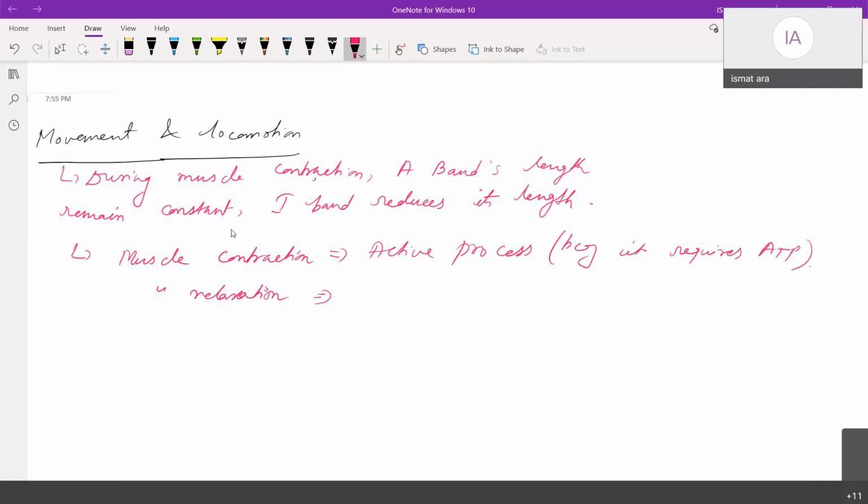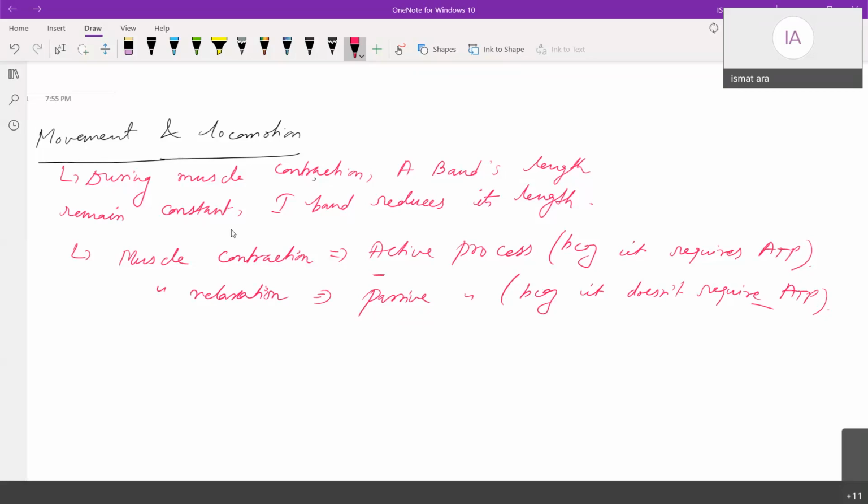Active or passive? Passive. Relaxation is passive, because it does not require ATP.